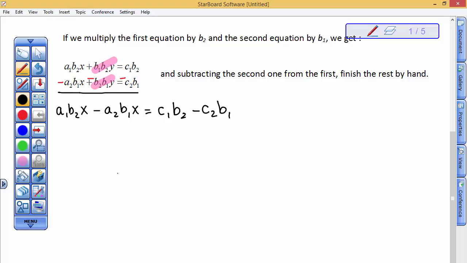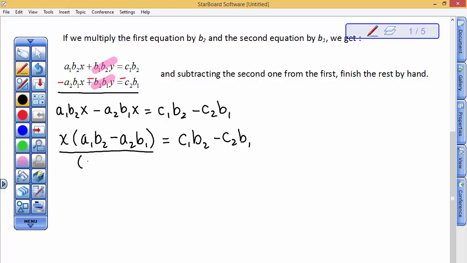But Cramer wanted to solve for x, and so there was an x term here and here, and Cramer factored the x out of each of those and was left with a1 times b sub 2 for the first term, and then minus a2 times b sub 1 for the second term, equals, again, this over here on the right-hand side. So then finally, to solve for x, Cramer said, let's divide by the product of a1 times b2 minus a2 times b1, both sides.